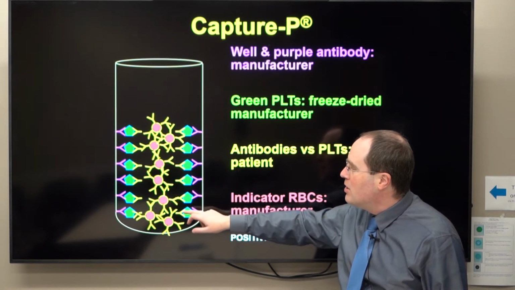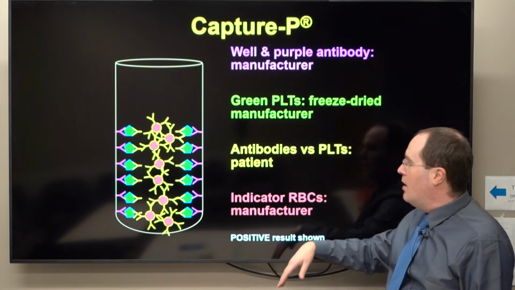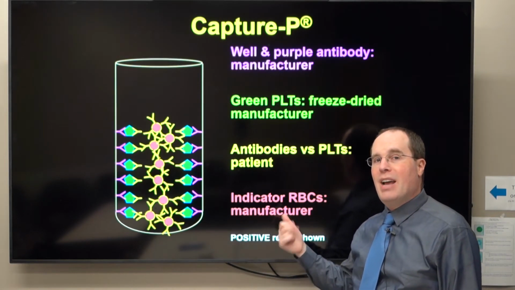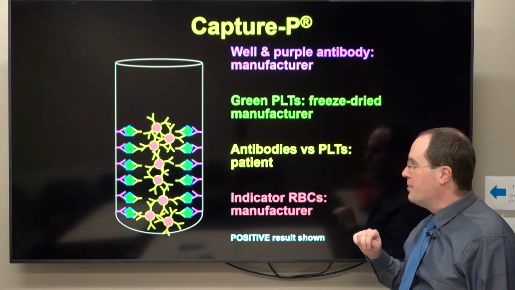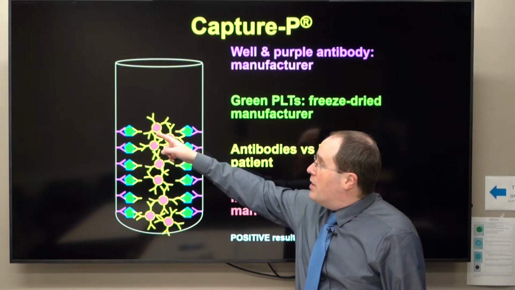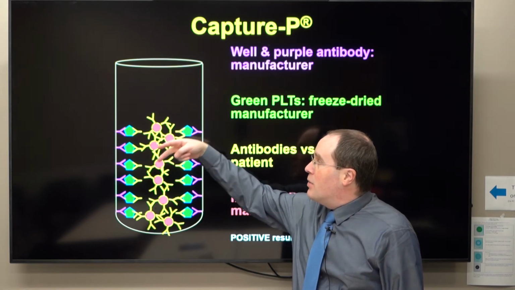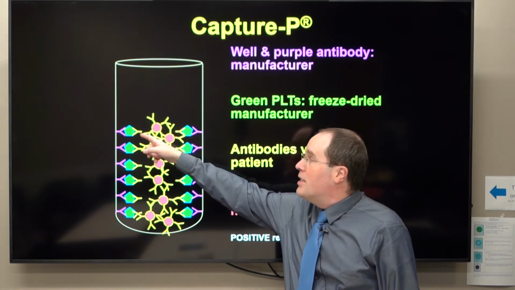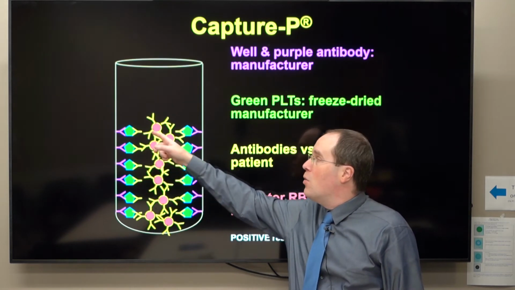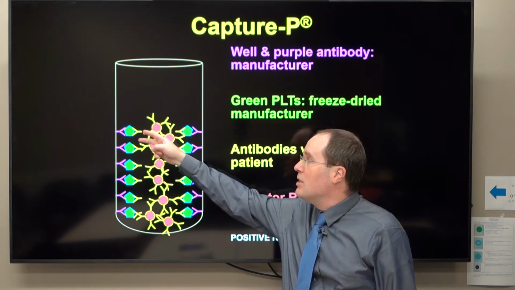These little yellow IgGs will stick on there. And then finally, you add the indicator cells, the red cells that have outward-facing IgG. That's also in the kit. And so you have these indicator cells with outward-facing IgGs, and that will detect the Fc portion of any IgG, right? So then it'll go along and say, there's an IgG, and it will stick there.